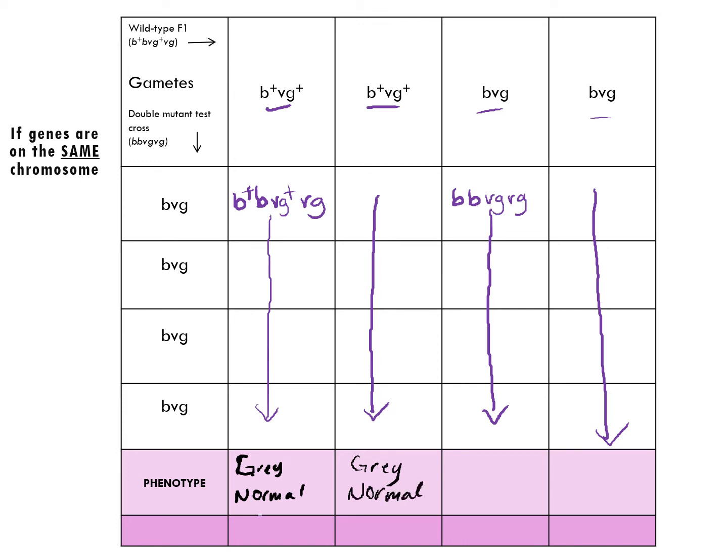Okay, on the third one, we would have black, vestigial, and then the last one would also be black and vestigial wings. So that means that we are going to have a 1:1 ratio of gray normal and black vestigial. So we will have no gray vestigial or black normal. So that should not be a thing.